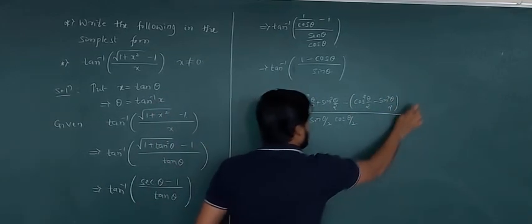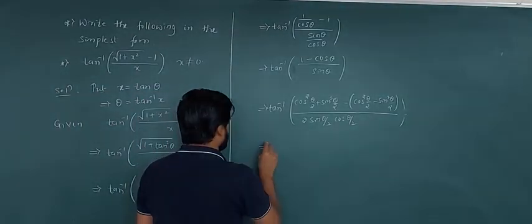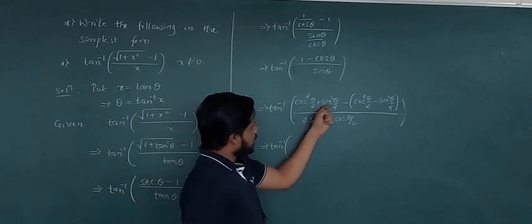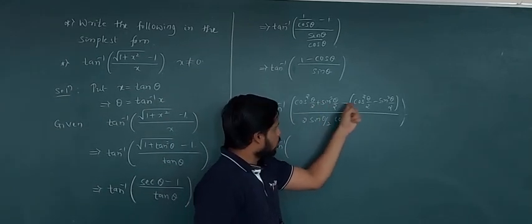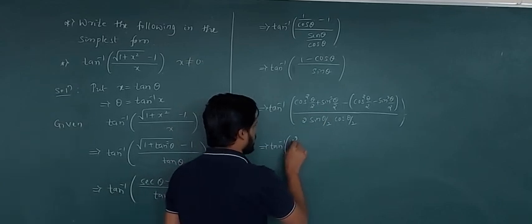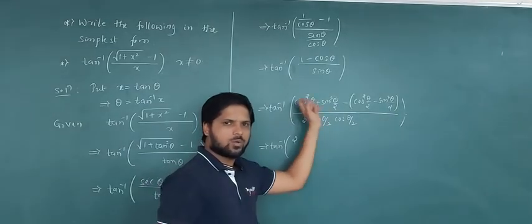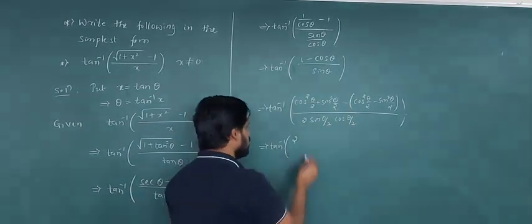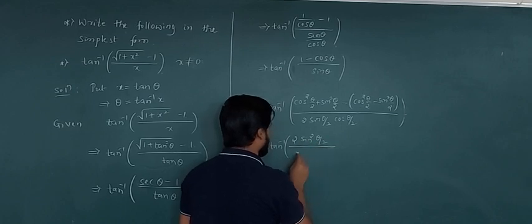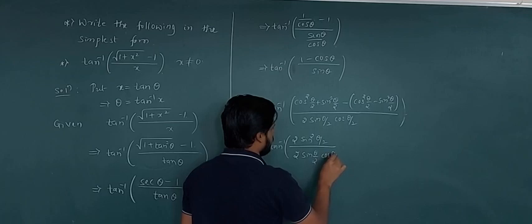After simplifying, we get tan inverse of: here plus cos square theta by 2 minus cos square theta by 2 get cancelled. We remain with only sin square theta by 2 plus sin square theta by 2, minus into minus is plus. So that is 2 sin square theta by 2 divided by 2 sin theta by 2 into cos theta by 2.